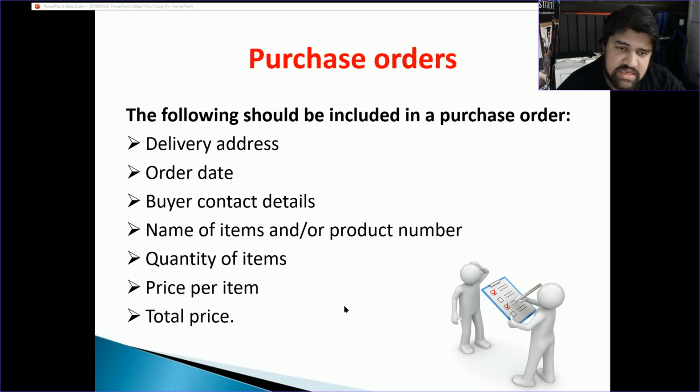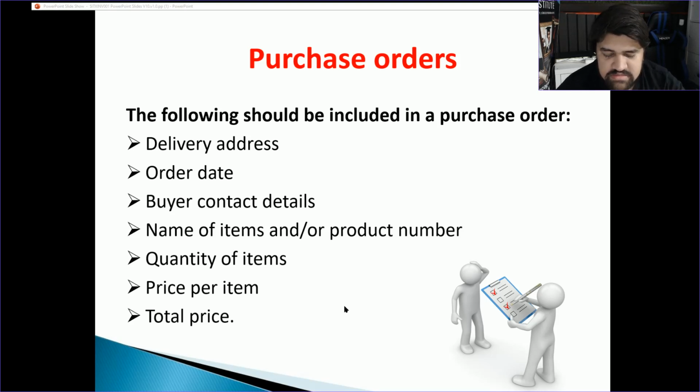More than likely, if your supplier is big, they will have a product number and code that they use for their computer systems, but definitely include an item name. Quantity of items. This is how your supplier will know how many they have to send to you. The price per item. You're thinking about, as a whole or as a quantity, what you would buy regularly and what the price per item would be.